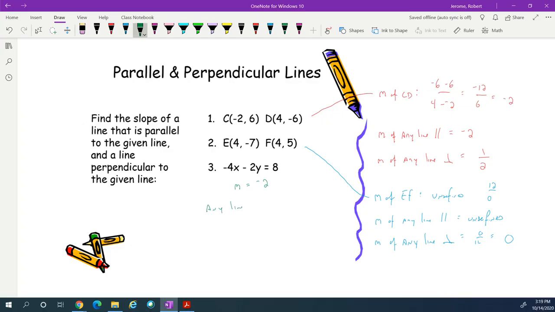So any line parallel will also have a slope of negative 2, and any line perpendicular will be a positive 1/2. Very much like our first example.